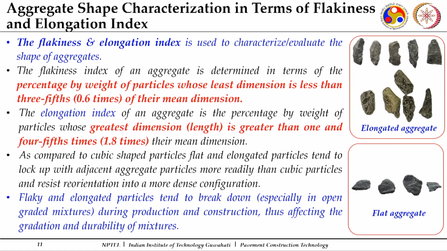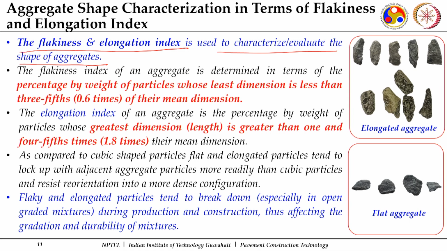Now we see how to check the shape related aspects of an aggregate. One index used to check the shape is the flakiness and elongation index, and it is used to characterize the shape of the aggregates. Two important things are taken care of: the aggregate should not have one dimension very large compared to the other dimensions, and it should not have one dimension very small compared to the others.